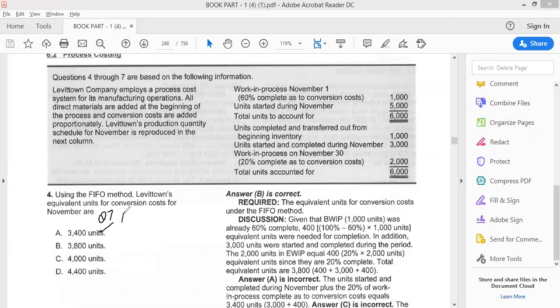Same formula. I am using the weighted average method and calculating the equivalent units of production for conversion cost. Work in process opening, students, we said take all. Second, units started and completed in the same period.